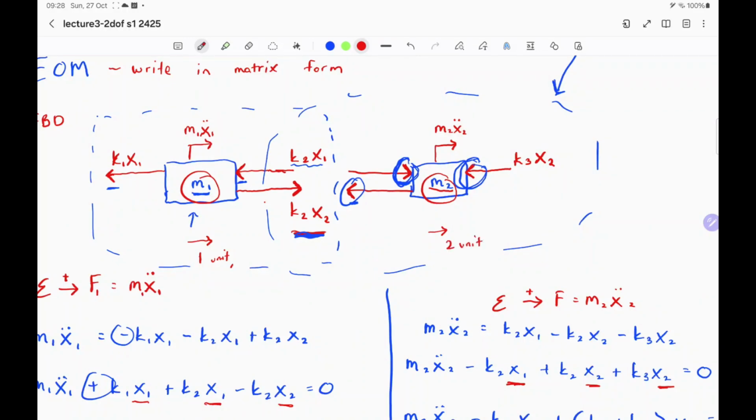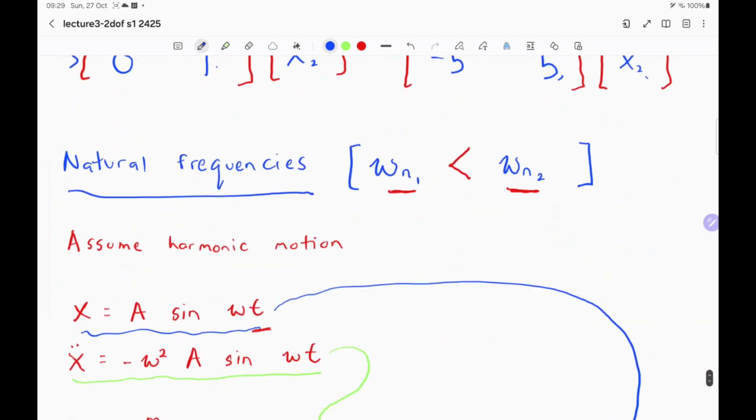Here 1 is for mass 1 and 2 is for mass 2. Both move in the same direction because the signs are the same, both positive.